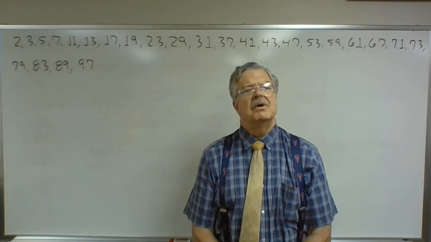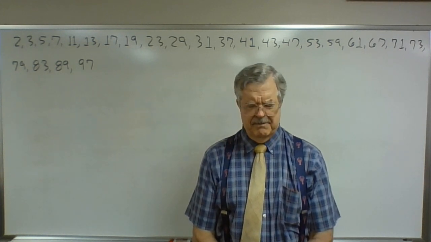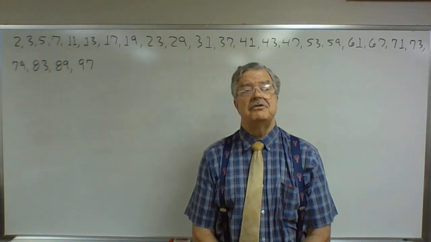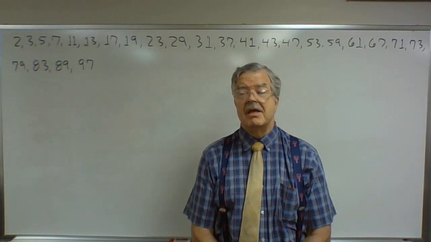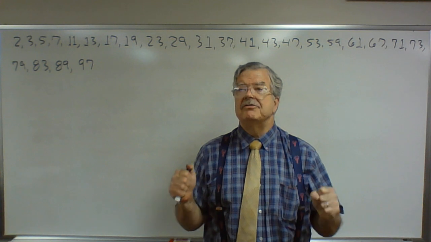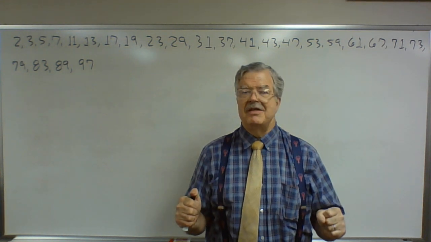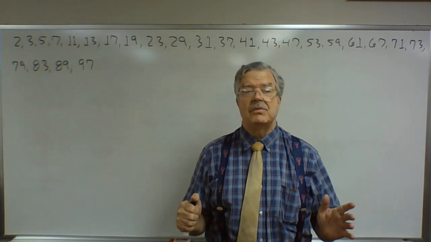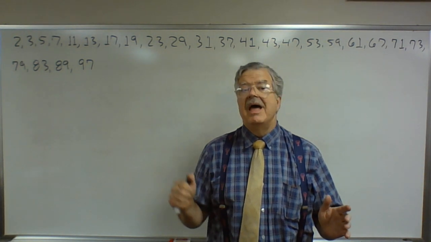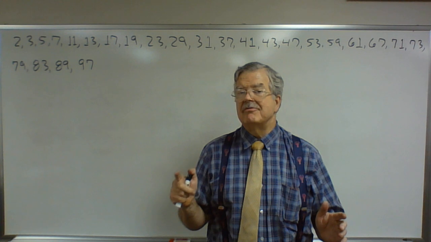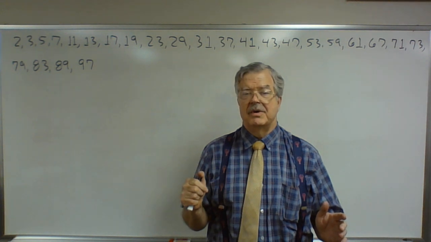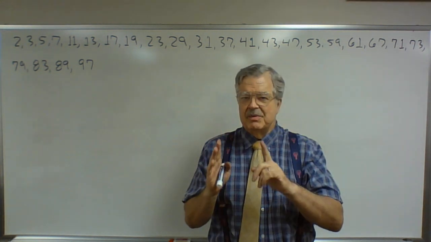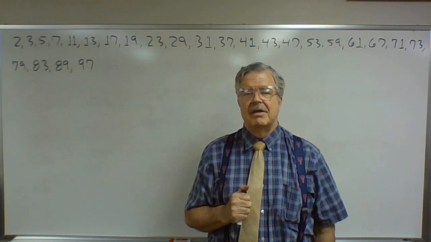So let's see, what is 100 squared? 100 squared is 10,000, right? So any composite number less than or equal to 10,000 has to have a prime factor less than or equal to its own square root.